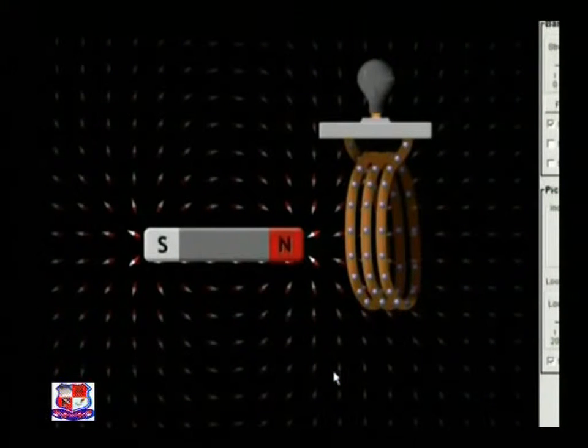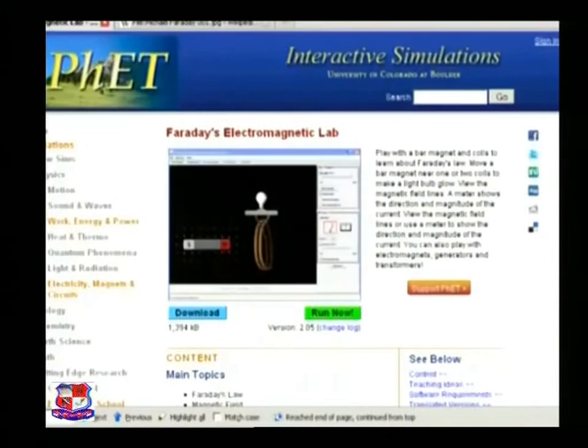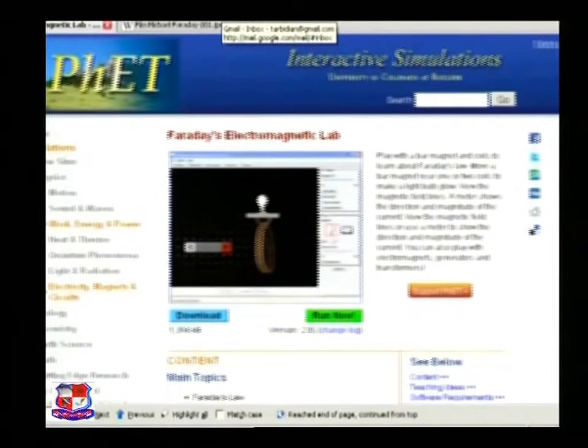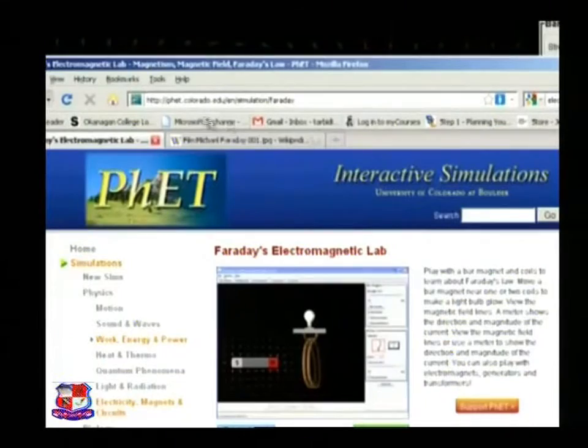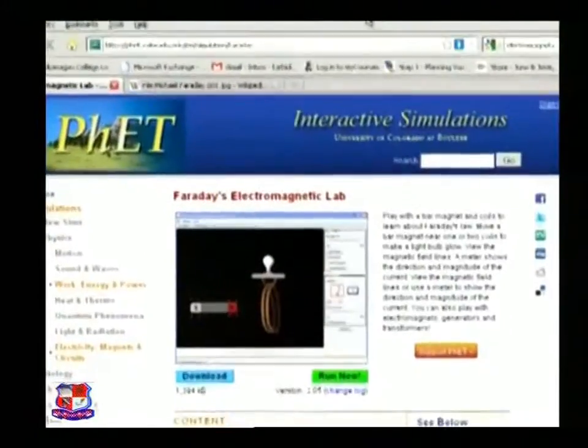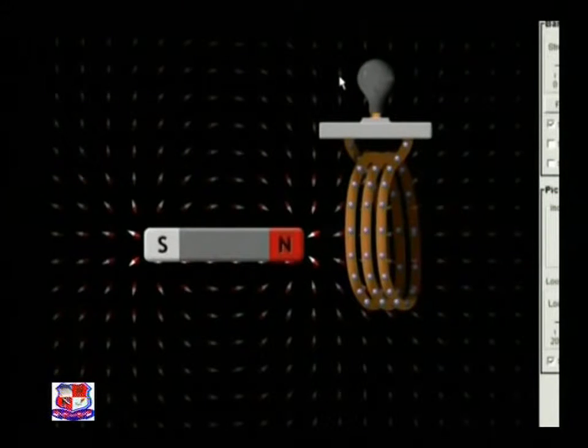This one is called Faraday's Electromagnetic Lab. You can take that website down and check it out yourself and play around with it. It's interesting to see what different effects you can get. Anyway, let's go back to the actual lab itself.